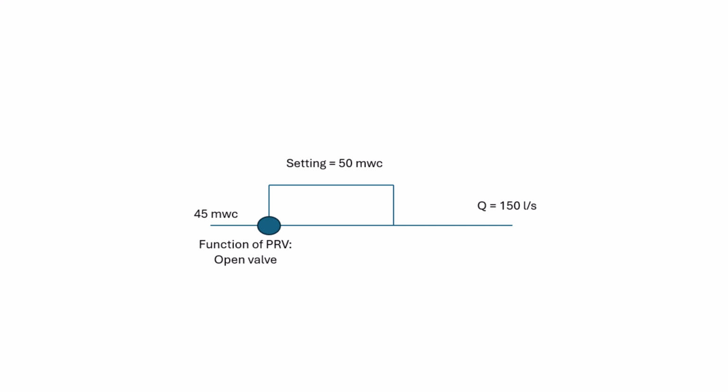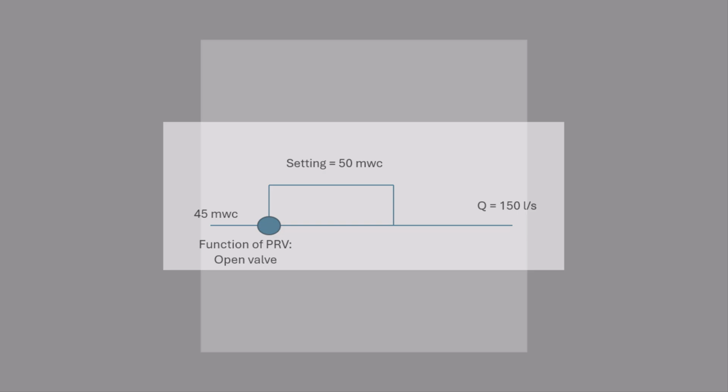When this happens and the valve needs to deliver water, then the pressure reducing valve will behave as an open valve, meaning that it will not change the pressure or anything to the water passing it. The only thing that happens is that you get some minor losses. So this is it for the different states that the pressure reducing valve can be in. Very important to know in general, and especially important when modeling and understanding our simulations.